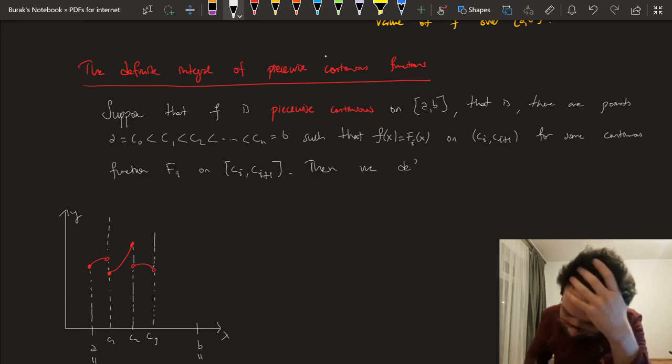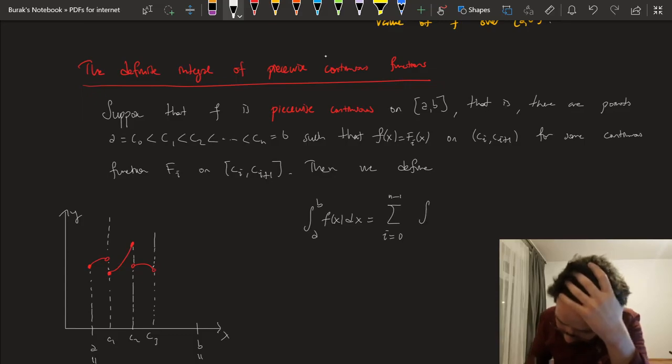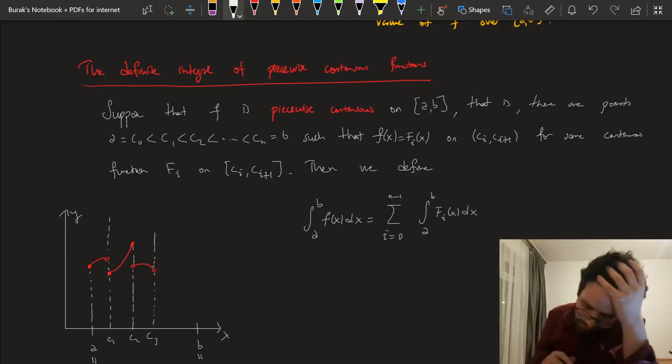Then we define the integral of f from a to b as the sum of integrals of these continuous functions.